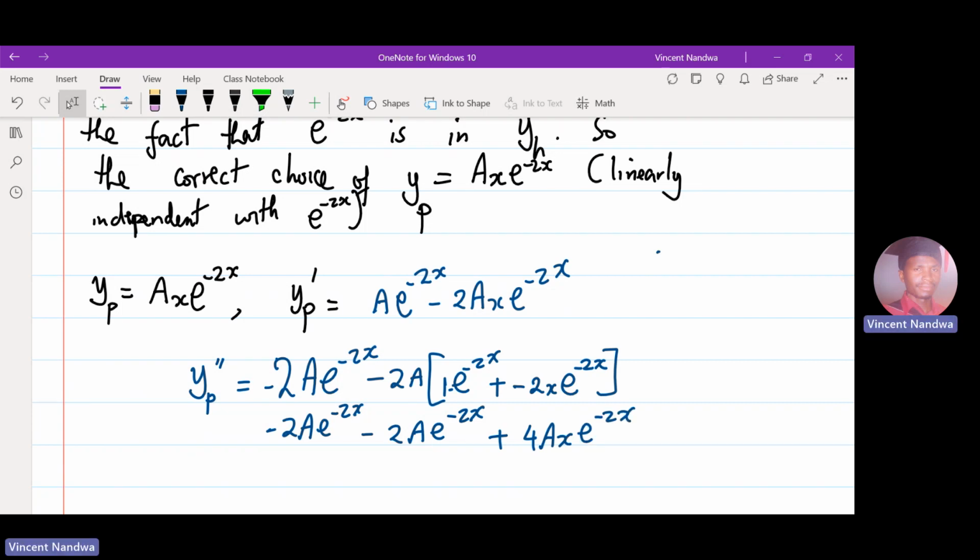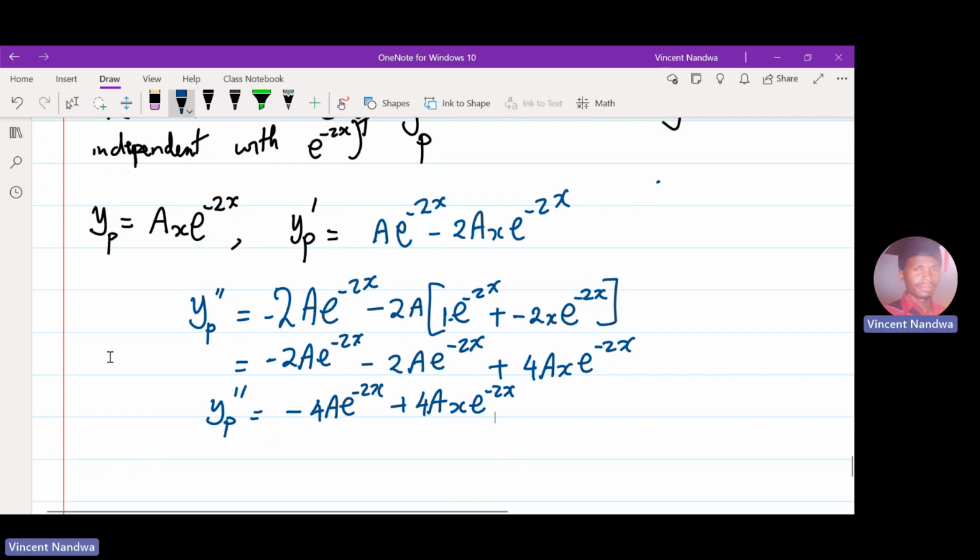So the final answer will be minus 4a e power minus 2x plus 4ax e raised power minus 2x. Confirm that.